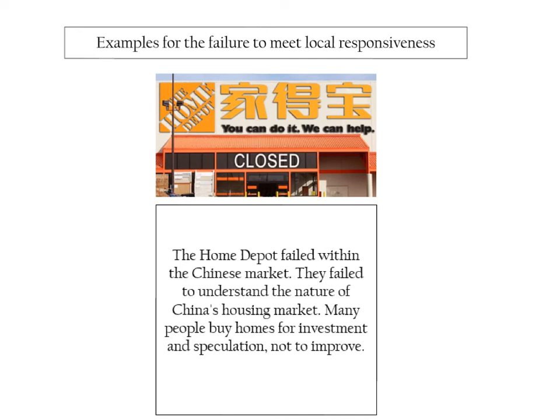Many people within the Chinese market don't buy houses for the long term. They buy them more for investment opportunities and positive speculation. Therefore, they wouldn't think about buying simply to self-improve. They're using it more for trade. So this type of shop just didn't work within China.